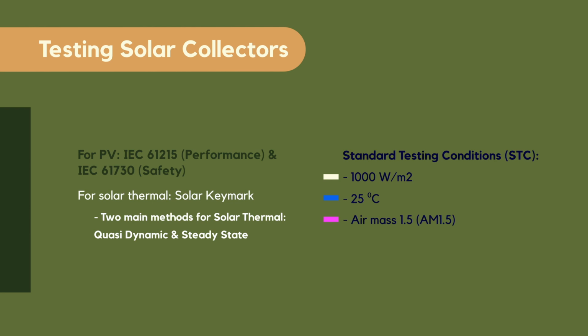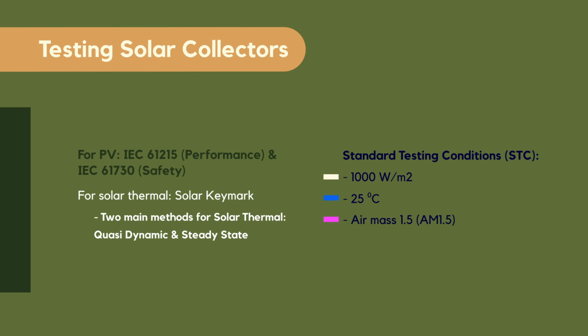The testing of the collectors mainly uses one of two methods: the steady state, with a certain number of days above a certain solar radiation necessary to test the collector, and a quasi-dynamic method, which allows collectors to be tested also in climates with many more clouds and fewer sunny days.